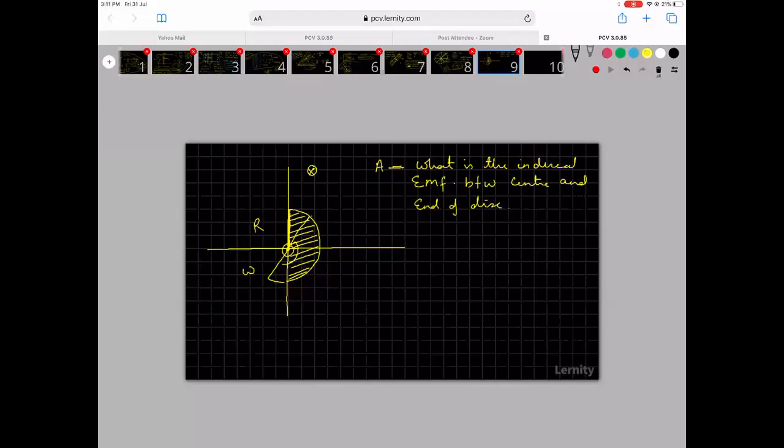What is the induced EMF between the center and end of disk?